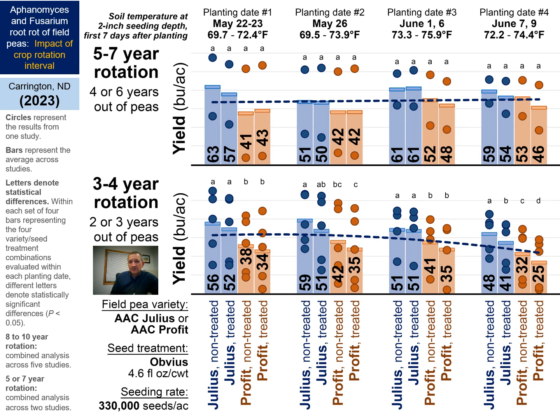With a 3 to 4 year rotation versus the 5 to 7, it's the exact same story. You have more flexibility with a broader crop rotation interval, but if you have Aphanomyces pressure, the tolerant variety is always going to pay. It's just a question of how much of a penalty you have for planting the more susceptible one.